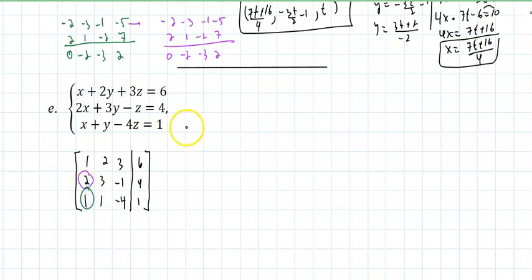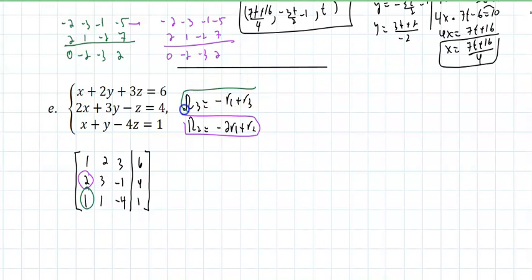So if I let row 2 equal negative 2 row 1 plus row 2, that will take care of this. And if I let row 3 equal negative row 1 plus row 3, that will take care of the other 0.